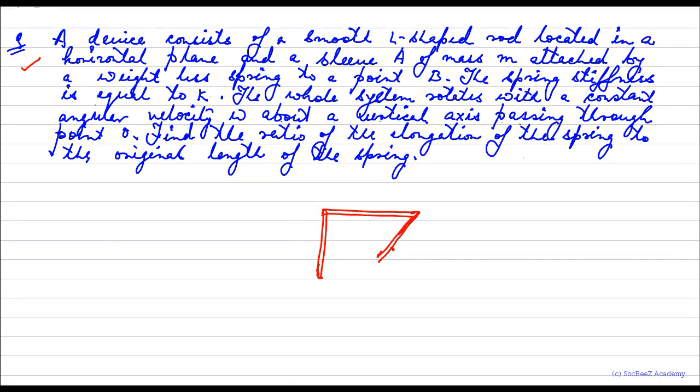This is my point B, and I have a spring which is fixed at point B, and the other end of the spring consists of a body of mass m.